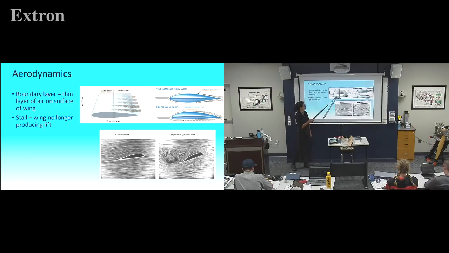But there's going to be a transition area somewhere on the wing where your air starts to become turbulent.